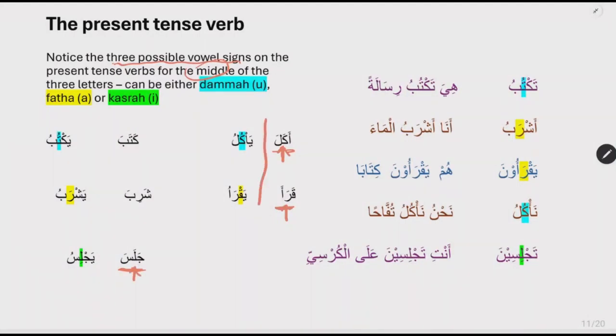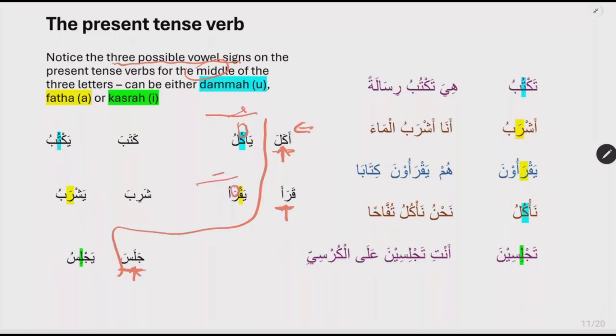Right? So in the past tense, all of them just take fathas. Can you see all fathas here? Three fathas. Akala, kara'a, jalasa. What happens in the present tense? Some verbs take a dhamma in the middle. Right? The dhamma there.